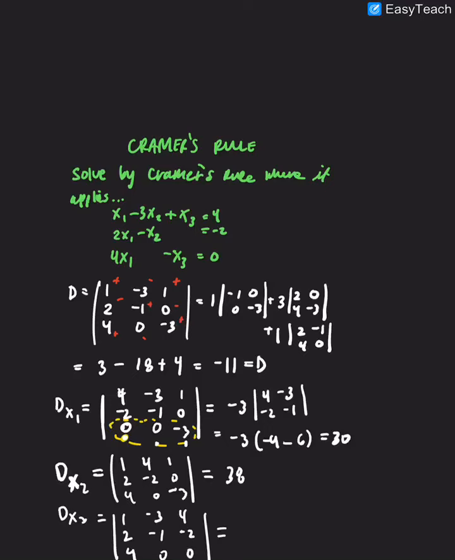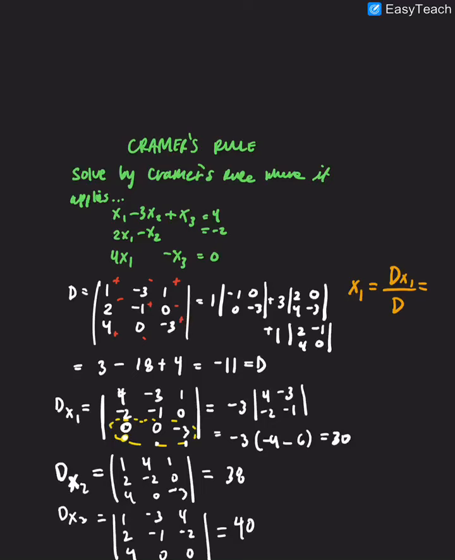And this is going to equal 40. Okay, so you gotta trust me on that. Okay, so now we have x1. Try another color. Okay, so x1, which is our variable x1, is equal to dx1 over the main d.